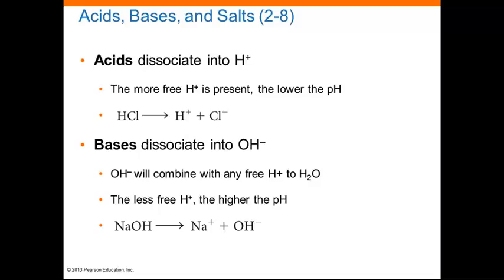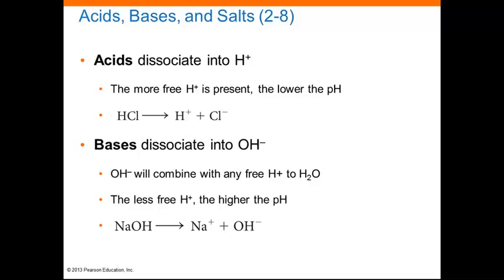And bases, on the other hand, will dissociate into a cation that's never a hydrogen ion, and some anion that's usually hydroxyl, a hydroxyl group. And so the stronger the base, the more dissociation occurs, the less free hydrogen will be present, and the higher the pH, because you could think of that hydroxyl ion, that OH negative, as kind of like a sponge for hydrogen ions. And so that hydroxyl ion that this base is dissociating to acts as a sponge to soak up any free hydrogen ions.